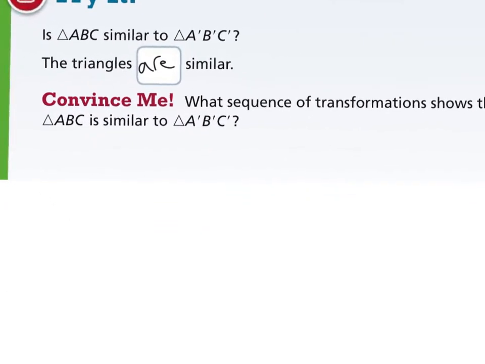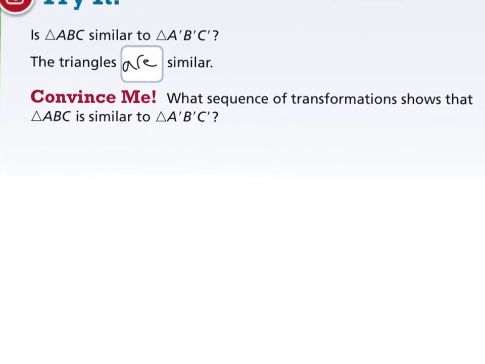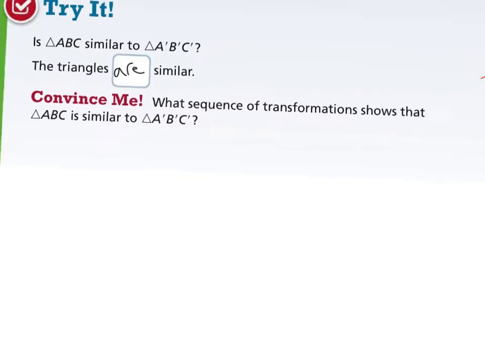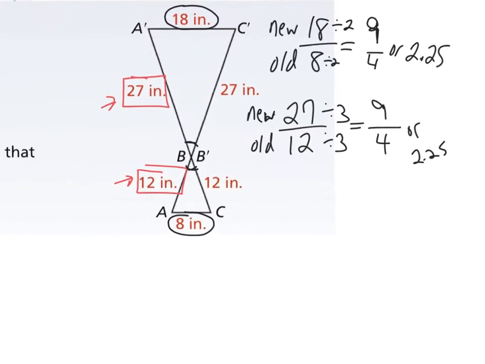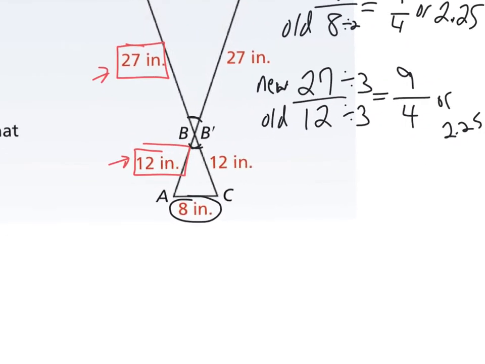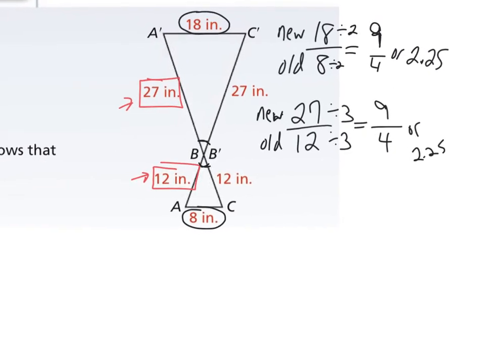The convince me goes a step further and says what sequence of transformations shows that these are similar. So if we're starting with this bottom triangle and trying to get to the top triangle, one thing we'd have to do is a reflection. We don't really have an axis here to look at, but we could pretend there is one there.